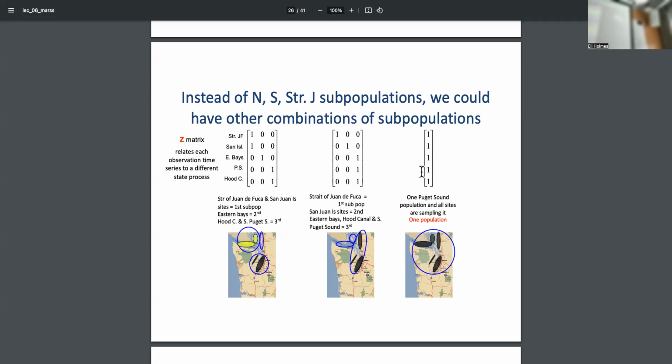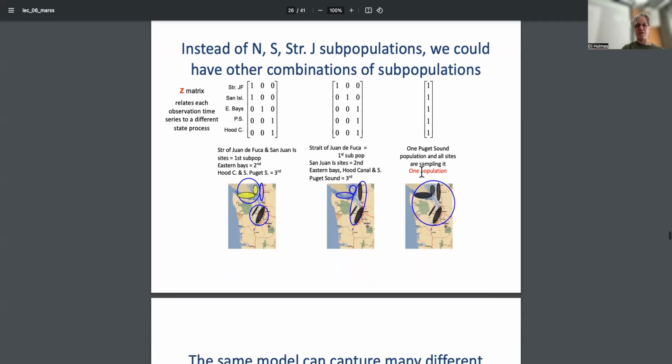This one is observing that, and that Y is observing this one. So still three X's, but a different structure to how the observations are related to the underlying behavior. And you can imagine all kinds of different structures you could test.